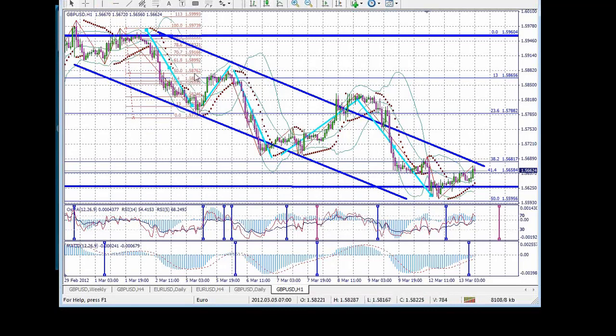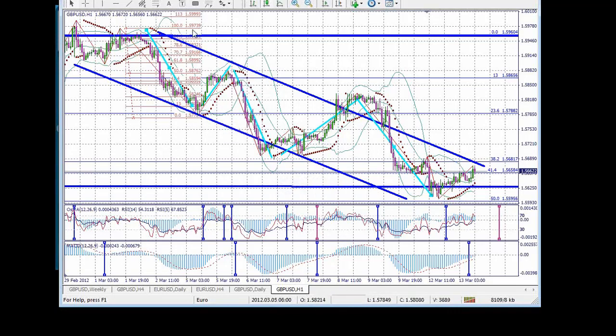One important Fibonacci level, the 50 level, and I start to think about the third wave. The third wave I'm expecting to be bigger than the second wave, maybe at the value of wave 1 or the biggest from this formation.